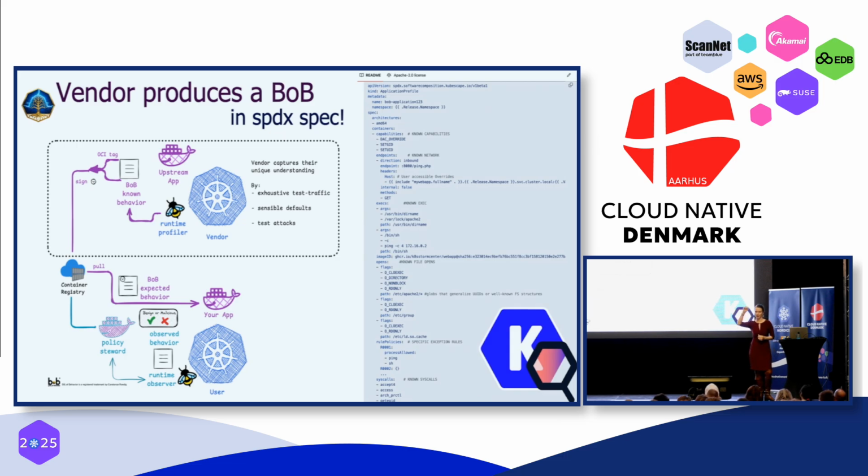It has segments for network, for capabilities, for the image hash, for file opens, for executables, and for syscalls, which is, well, if you are knowledgeable in these parts, you can basically edit it by hand, or otherwise you hope that the vendor provided you something correct. And again, what we're going to look at is what sort of knowledge we are distilling into this flat file, this flat YAML here.